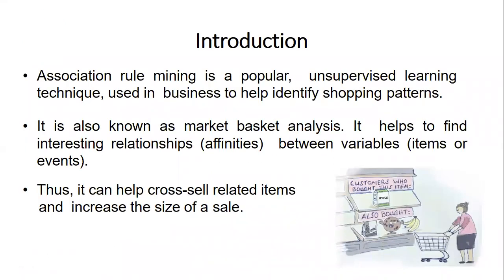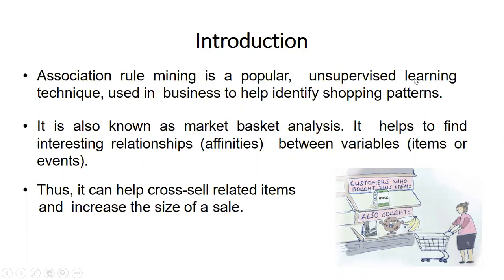Association Rule Mining. As the name suggests, association rules are simple if-then statements. I repeat, association rules are simple if-then statements that help discover relationships between seemingly independent relational databases or other data repositories.